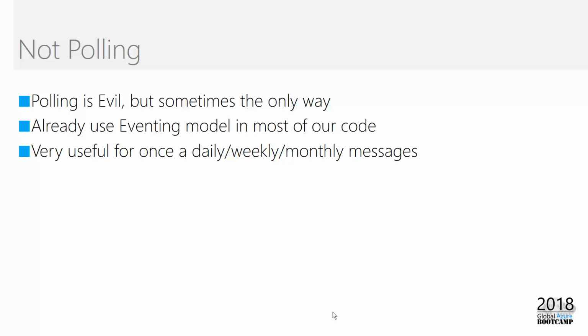And with some of the Azure technologies, it's a consumption-based model, so you're actually paying for each one of those times you go check. So what Event Grid has done is it's an eventing-based model, and you can listen for that event.